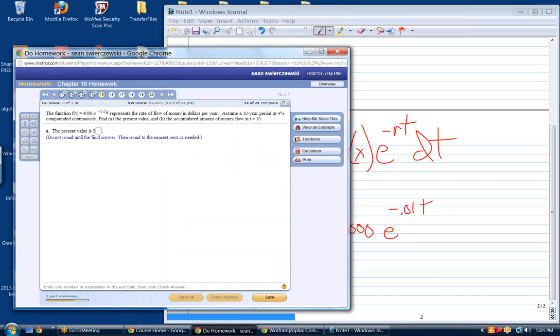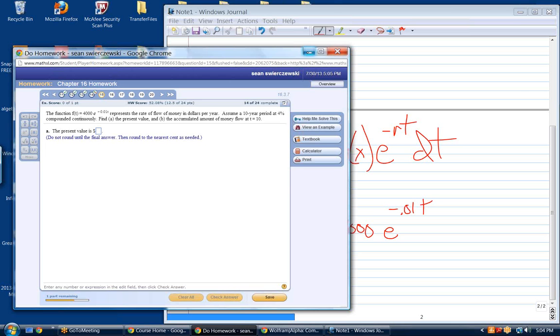Why is that 0.01 instead of 0.04? Oh, okay.